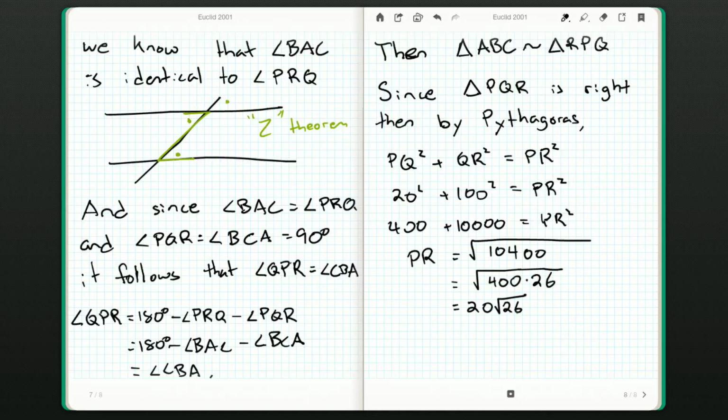So it'll be 20 times the square root of 26. Okay. So we can use this length, PR, to get the length of BC.